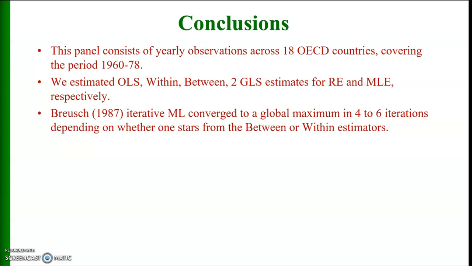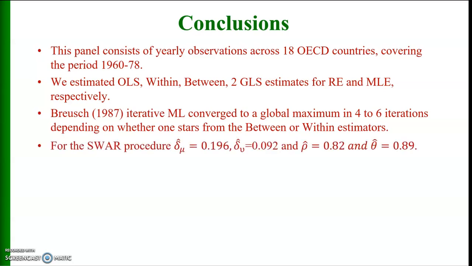As in Breusch's paper in 1987, iterative maximum likelihood converged to a global maximum in 4 to 6 iterations, and that is visible in our estimation when we estimated the last model using the maximum likelihood estimation, and that depended on whether one starts from the between or within estimators.